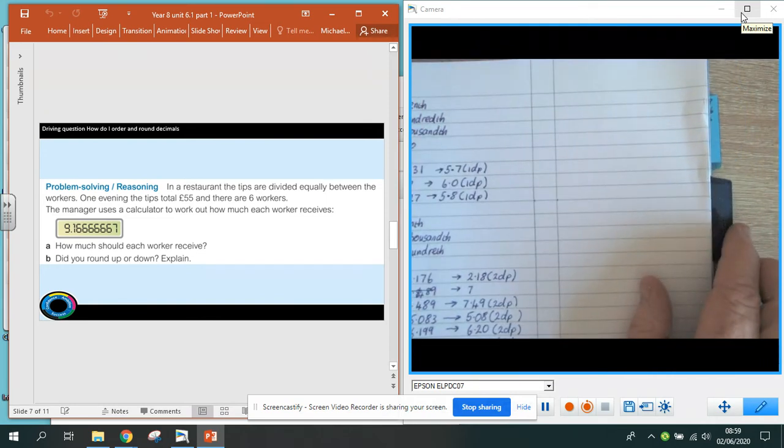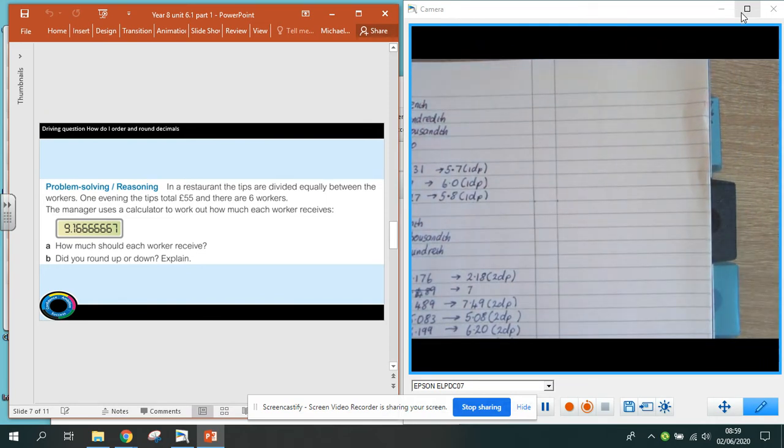Okay, so here we've got a number, but we have a slight problem because here we're going to divide up money. Obviously £9 is not a problem, but we now have the rest of the money. We can't give someone 0.6 of a penny.